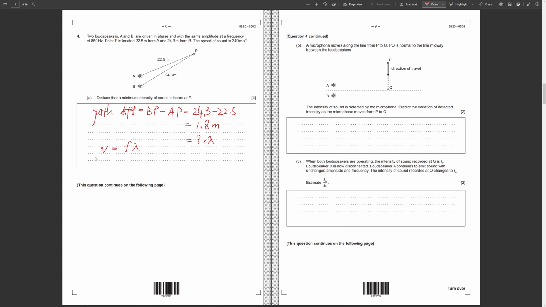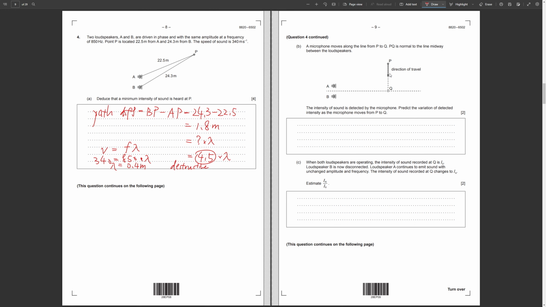The wave speed is 340, frequency is 850, times unknown wavelength. Then the wavelength is 0.4 meter. 1.8 meter is actually 4.5 times a wavelength. And because it is a half-integral multiple, they are interfering destructively.